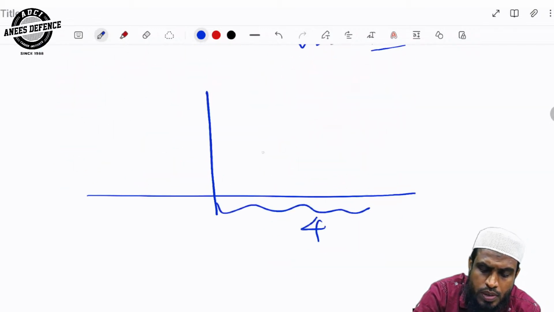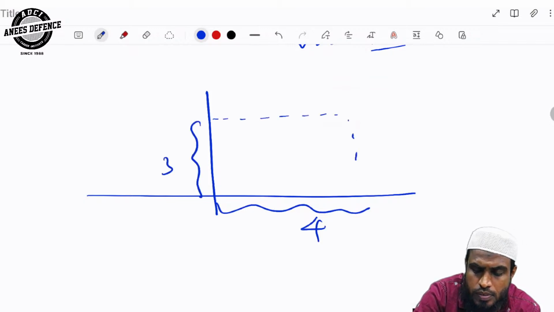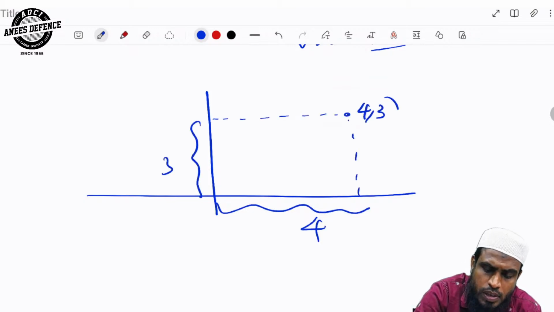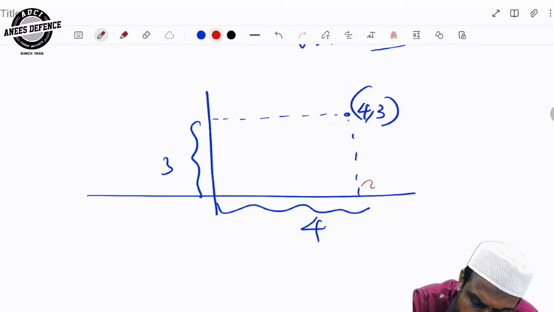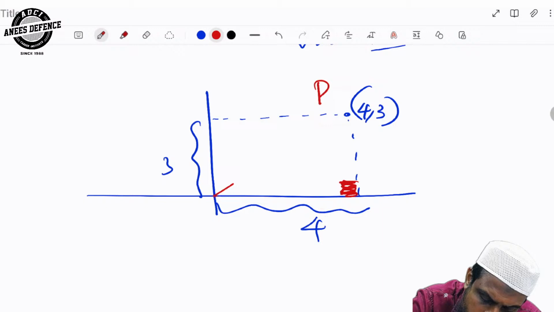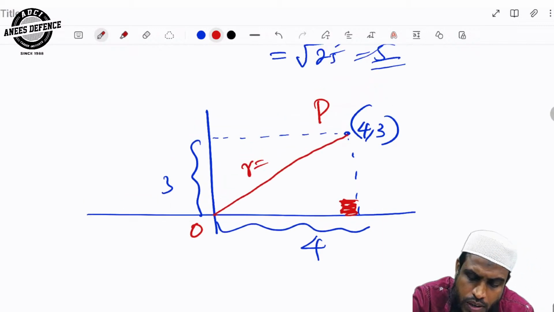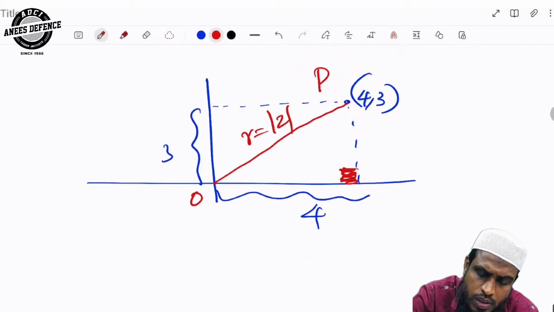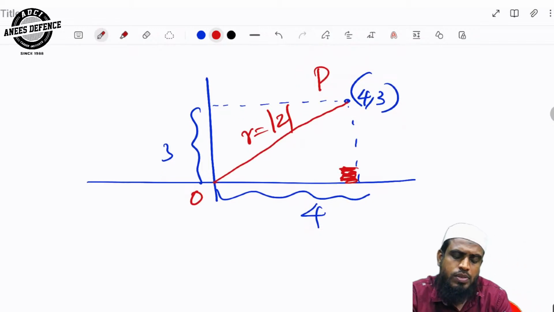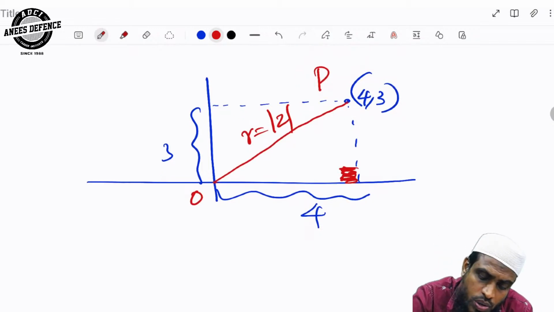This will be 4 and this will be 3, so the point will be like this. This is (4, 3), and you are getting a right triangle here. If this is the point P, this is OP, and this is r, r is equal to the modulus of z. By using the Pythagoras theorem, root of 4 square plus 3 square, you are getting root of 25, that is 5. So r equals 5.